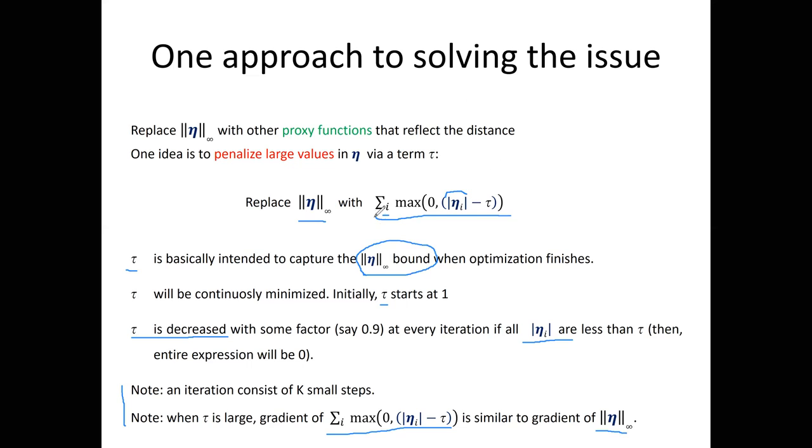But the high level point here is that we have replaced the L infinity norm of eta with some proxy function, and all of the dimensions of eta i contribute to the value of this proxy function.